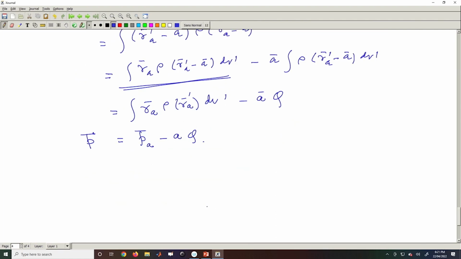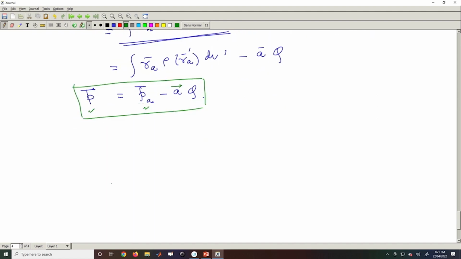So, there is a relationship between the dipole moment when we have a shift of the coordinate system. This is for the old coordinate system and this is for the new coordinate system. Now, you can see that it will be independent of the coordinate system if this quantity is 0.